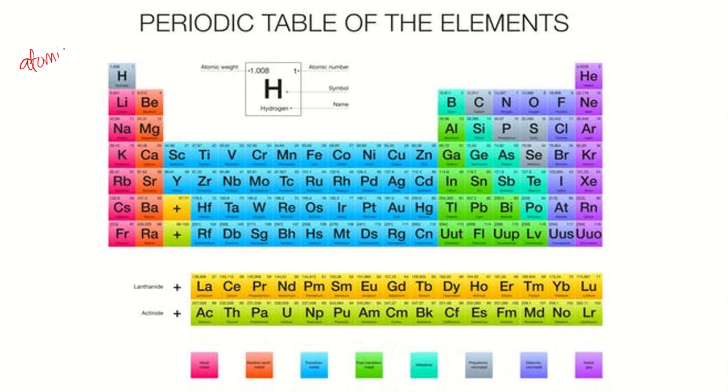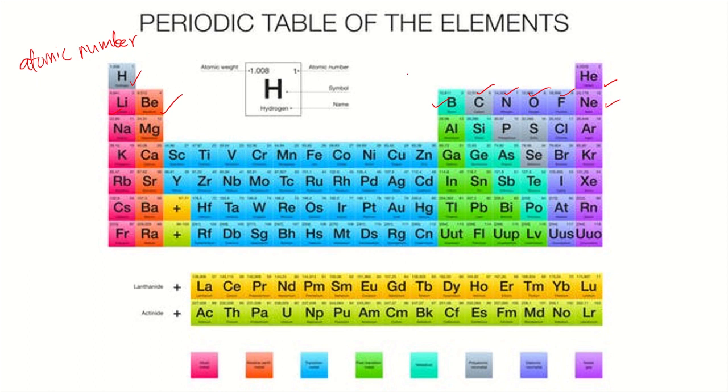Atomic number 1, hydrogen, is placed first, and then we have atomic number 2, helium, then lithium, beryllium, boron, carbon, nitrogen, oxygen, fluorine, neon, and so on.